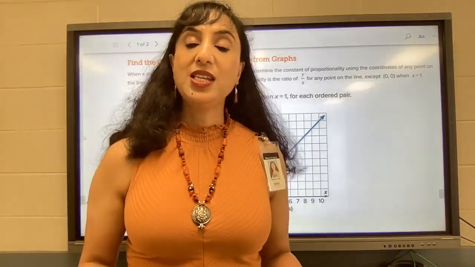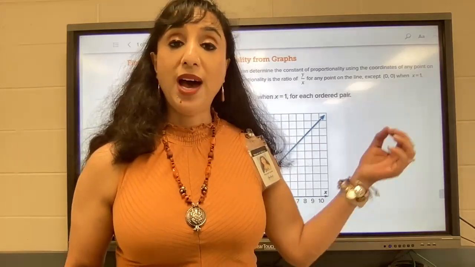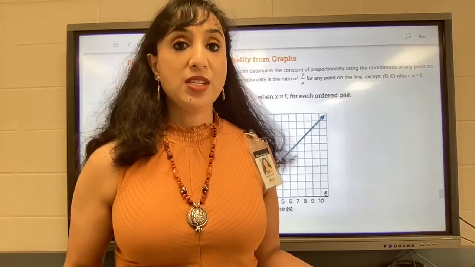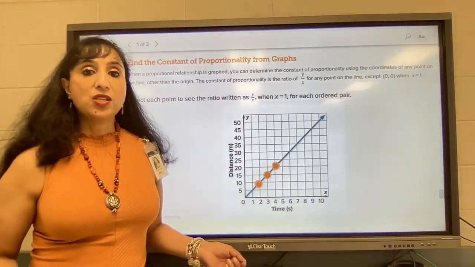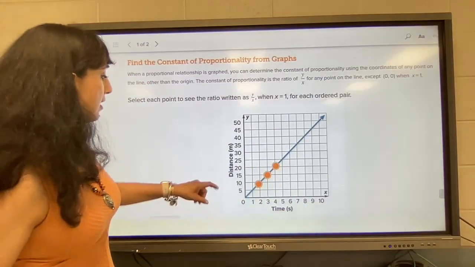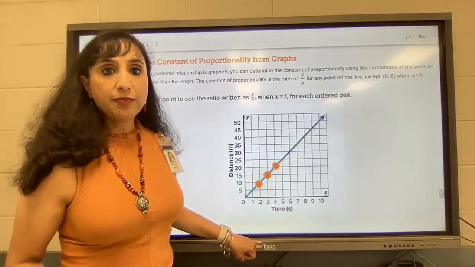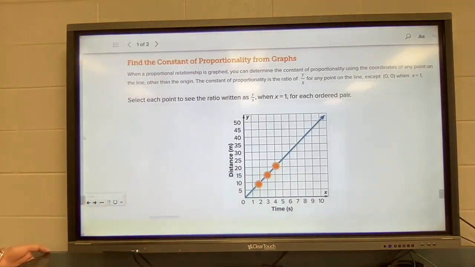So as you can see, everything in the simplest form with the y over x, the unit rate, is going to have the same value. In this case, the unit rate of the distance is 5 meters in 1 second. And that's what I'm getting as the unit rate. Okay, so therefore this is going to be proportional. X and y are proportional in this case.